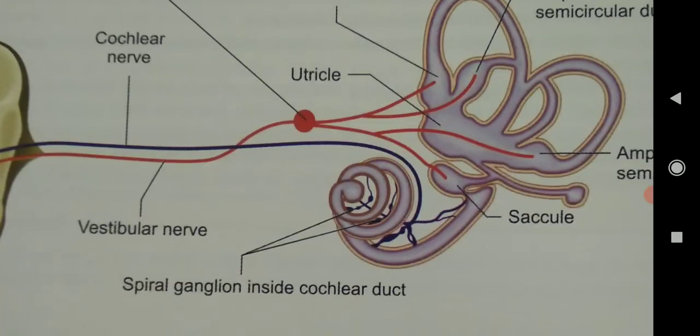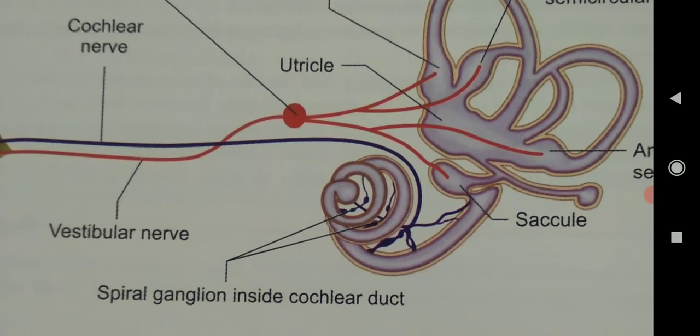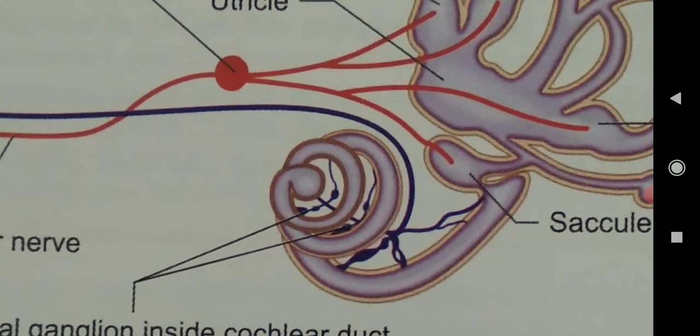Coming to the cochlear nerve, we can see this is the cochlear duct, spirally twisted 2.5 turns. Within that endolymph is there, and the receptor for hearing is the organ of Corti. Within this organ of Corti there are two types of cells, the inner hair cells and the outer hair cells.